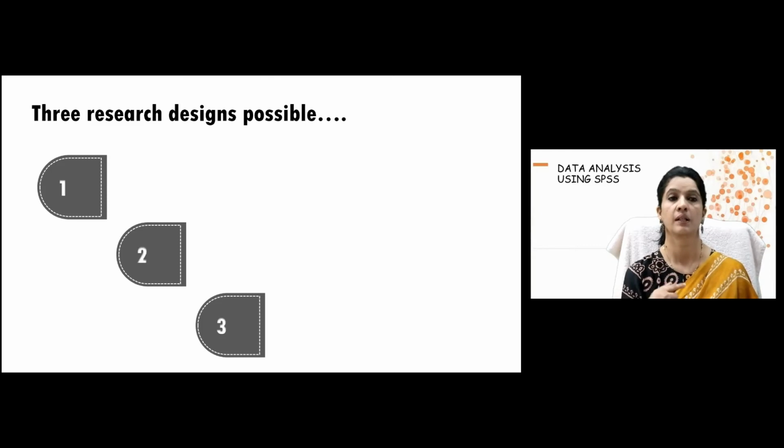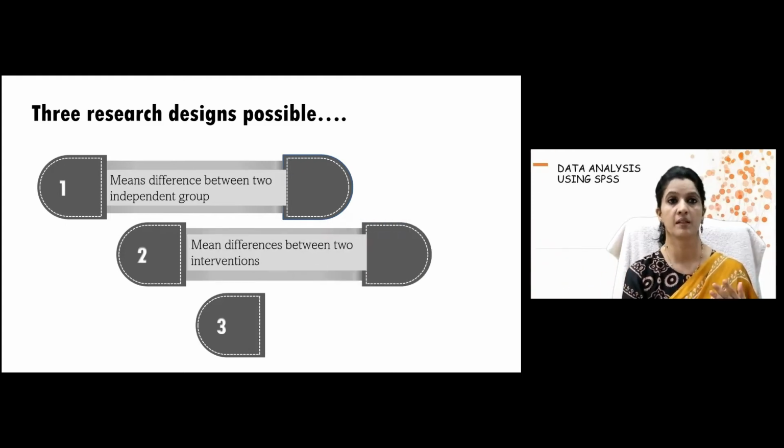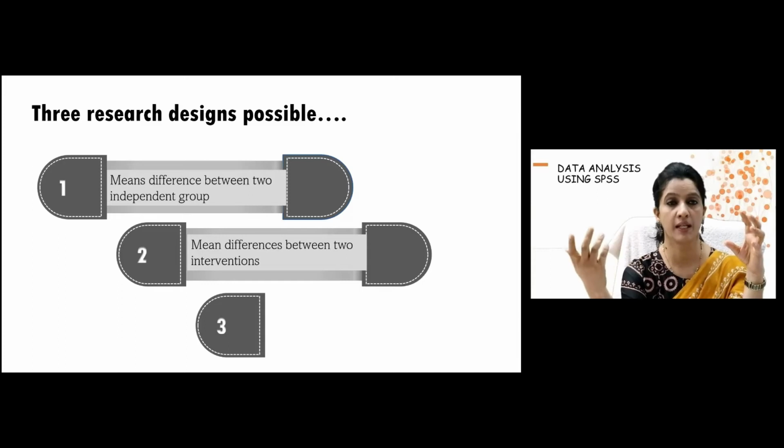So now there are three research designs which are possible. Like the mean difference between two independent groups, like we have seen in the various research questions in the beginning. The second could be the mean difference between the two interventions. That also we can test. That means if you are doing an RCT and your outcome is a mean, like the change in systolic blood pressure, like if you want to study the effect of a drug on hypertension, addition of a drug, you may take two groups.